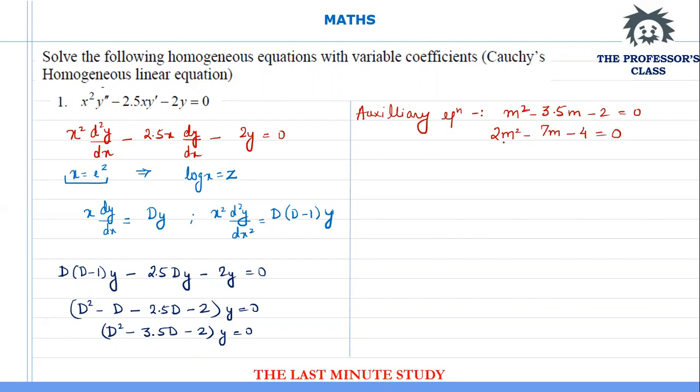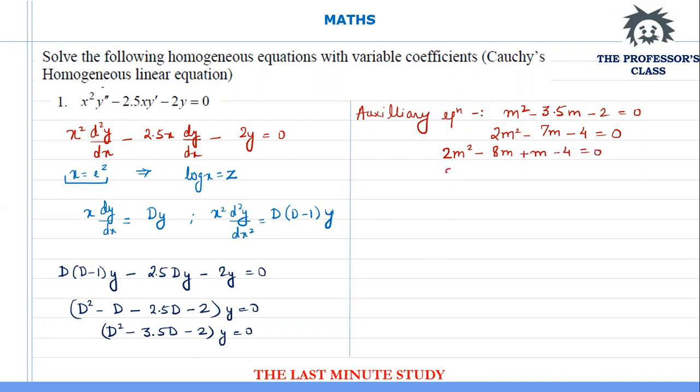Now, I need to find out the roots. It's quite simple to find the roots by splitting the middle term. As you can see, the first term is 2, the last term is 4, so the multiplication will be 8. And we know that minus 8 plus 1 is equal to minus 7. So I'll split the middle term. I'll get minus 8m plus m minus 4.